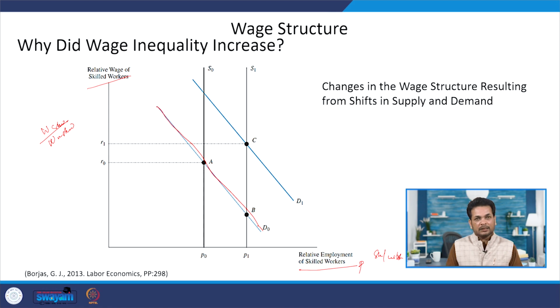Let us assume that the supply of skilled workers is perfectly inelastic at a particular point of time in the economy, so it is vertical. So the economy is in equilibrium at point A, having a wage ratio R0 and employing P0 amount of skilled workers.